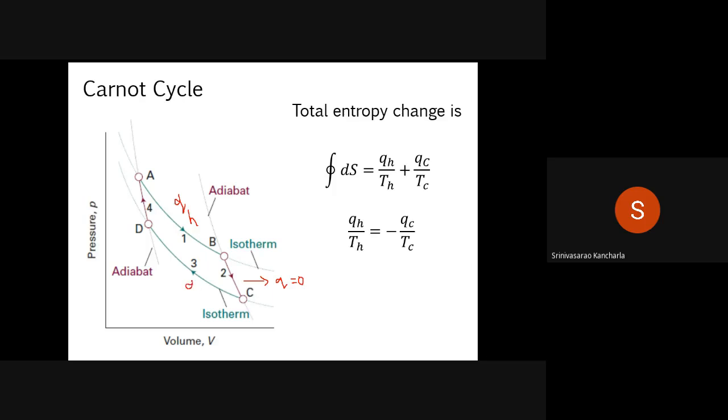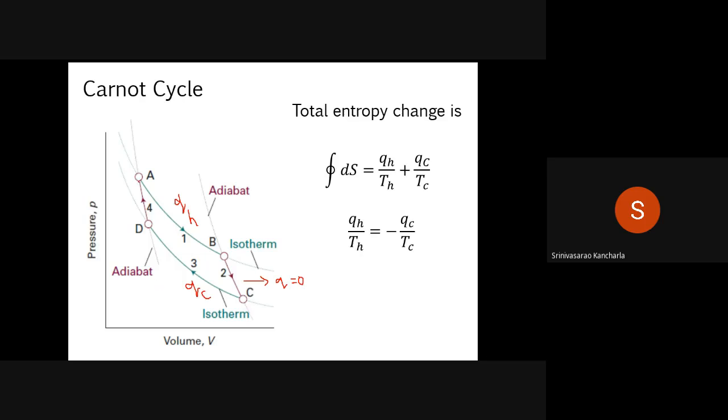Similarly, for the compression, you will have QC, the energy returned to the surroundings. When you do work on the system, the energy of the system is raised, so to maintain thermal equilibrium, the remaining energy the system throws back to the surroundings. So QC is the amount of energy given back to the surroundings.